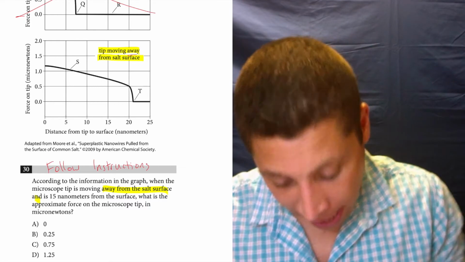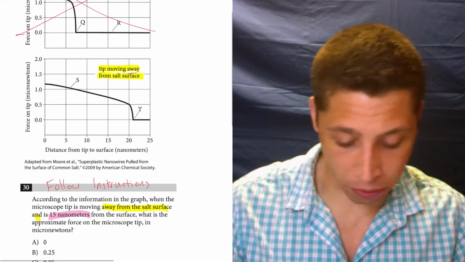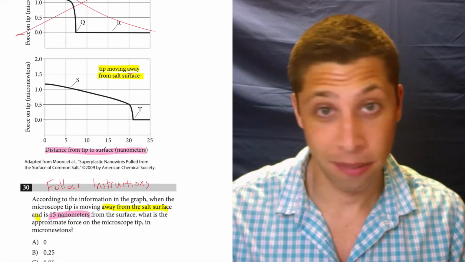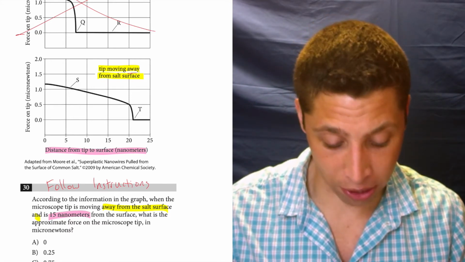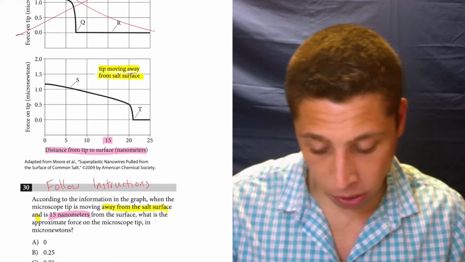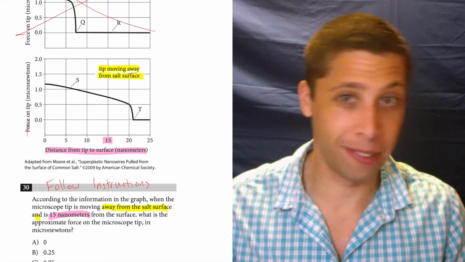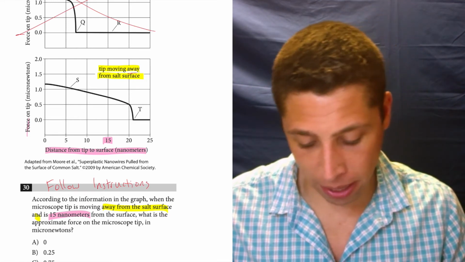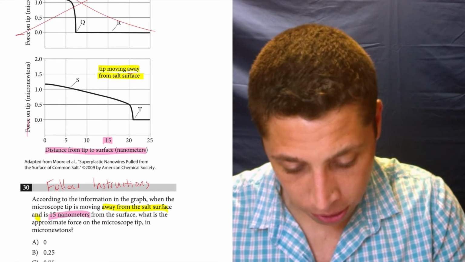And it's 15 nanometers from the surface, so distance from tip to surface is the bottom part of the graph, so we should always read the axes here, and 15 is right there. So what is the approximate force, that's the other side of the graph, on the microscope tip in micronewtons? So literally just go across here.